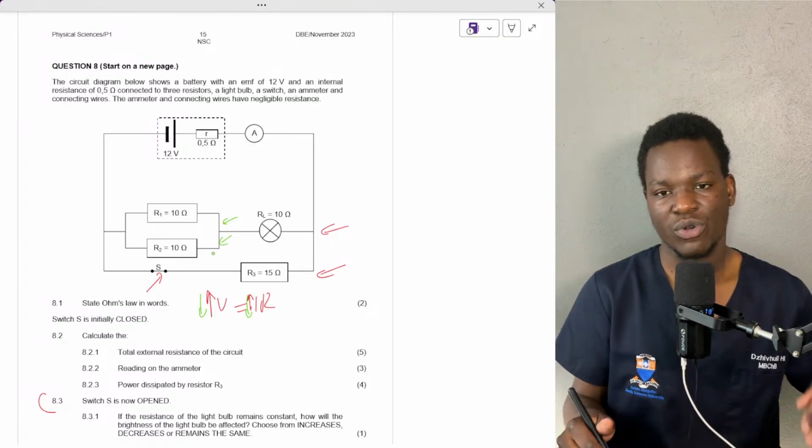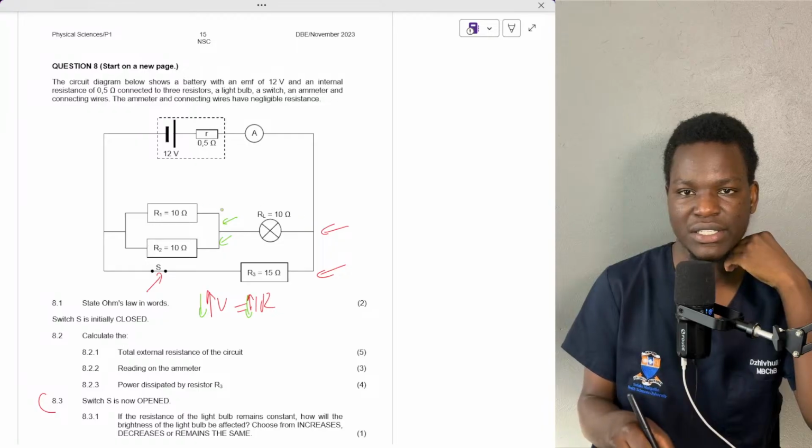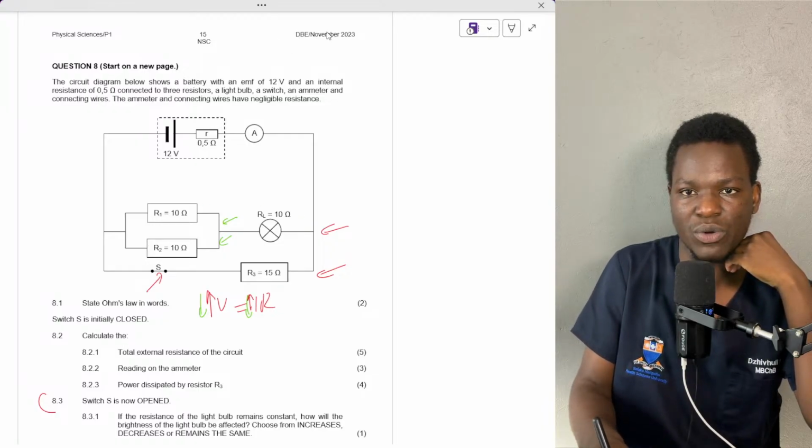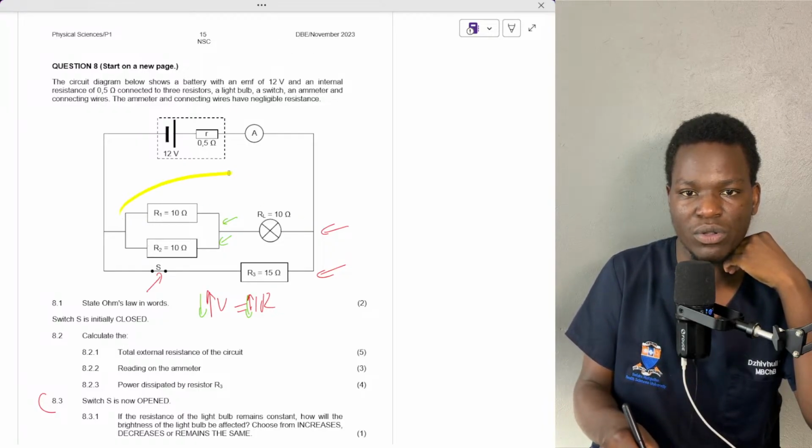First, let me highlight them for you. All these resistors here are in one branch.